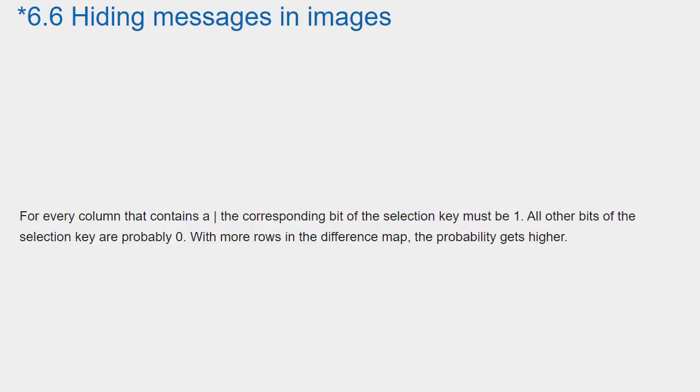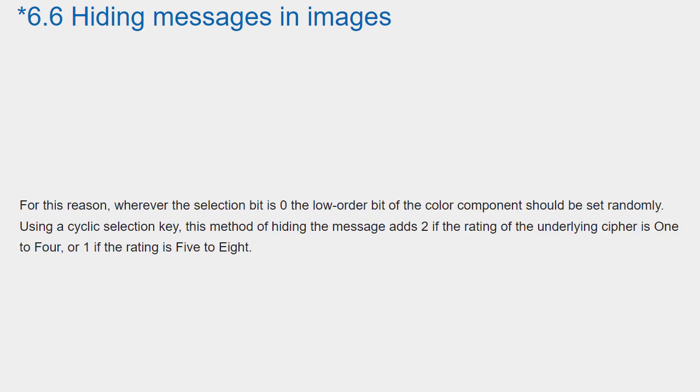For every column that contains a vertical line, the corresponding bit of the selection key must be 1. All other bits of the selection key are probably 0. With more rows in the difference map, the probability gets higher. For this reason, wherever the selection bit is 0, the low-order bit of the color component should be set randomly.